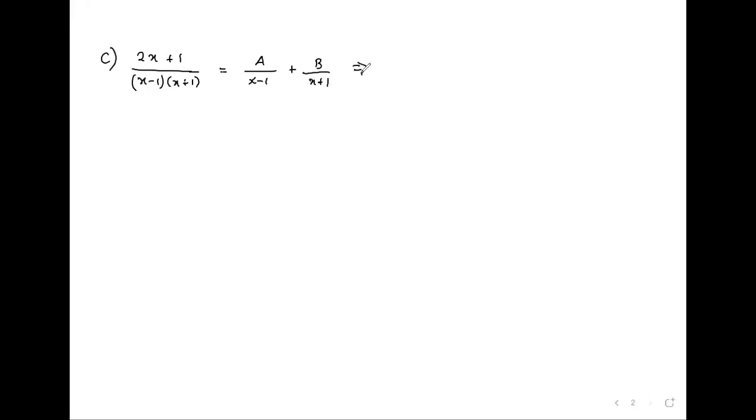You learn by doing. So your next step will be 2x plus 1 is equal to a(x plus 1) plus b(x minus 1). And then start solving for a and b.